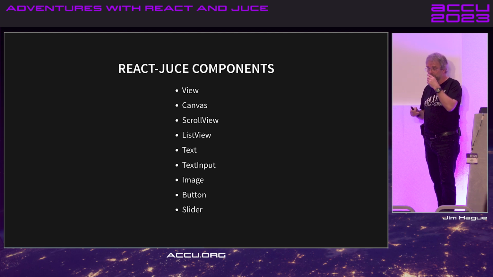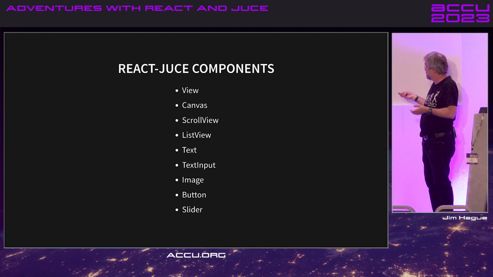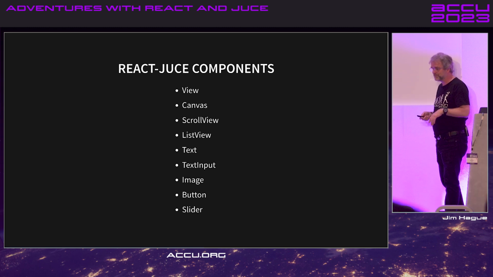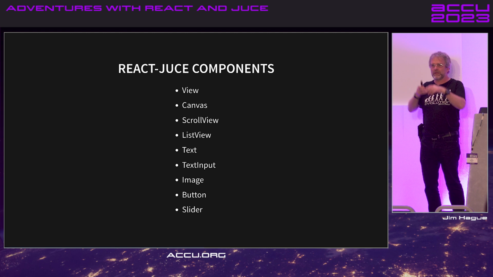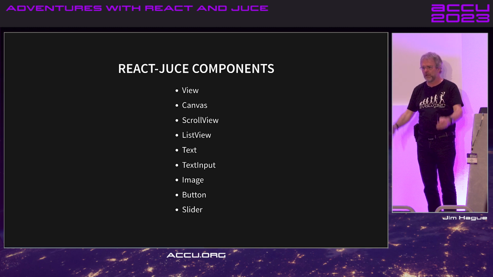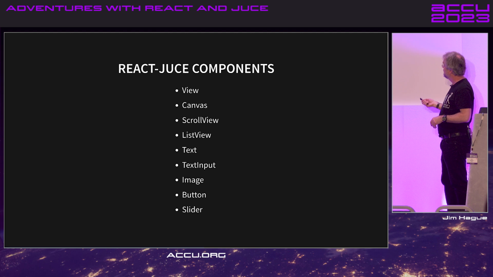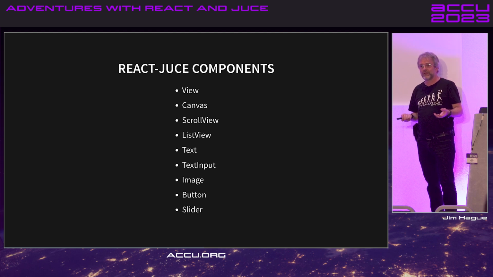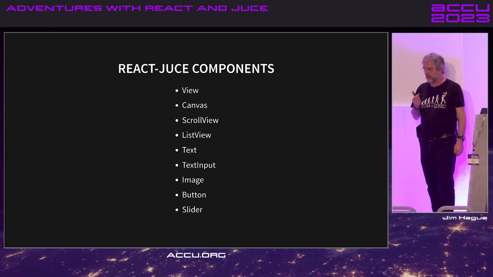Of course, possibly you just want a very simple button and the button component is perfectly adequate, and in that case you just get back a plain old button. A scroll view is just a generic scroll bar with a scrollable viewport attached to it. A list view builds on that to present you with a scrollable list of things.